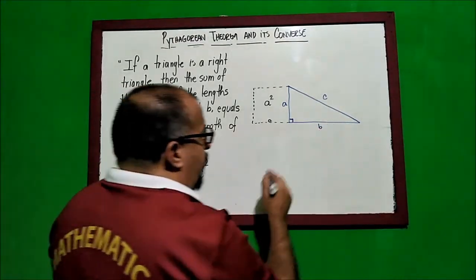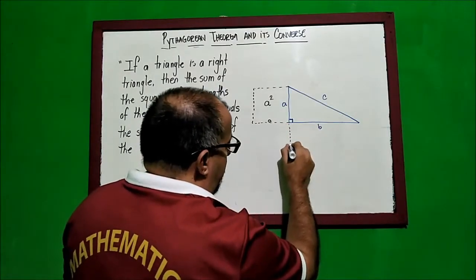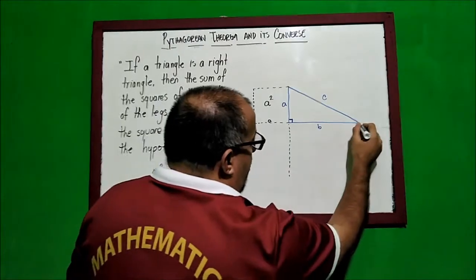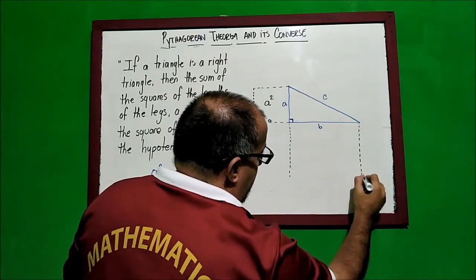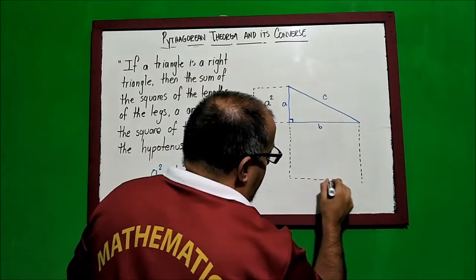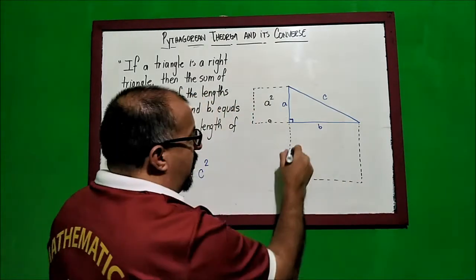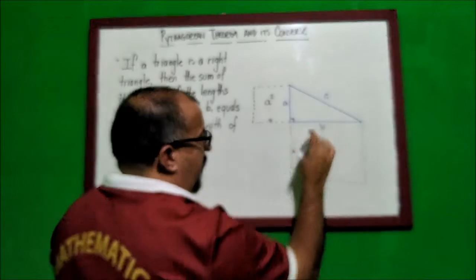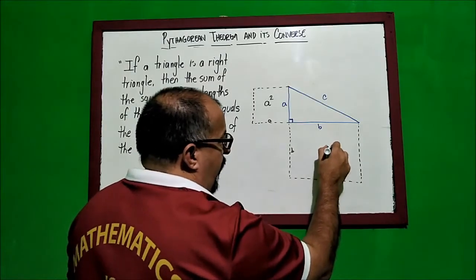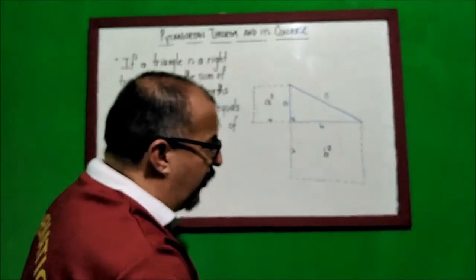Then I do the same with B, okay? I make a prolongation of side B, and then I find out that I have another square. This is B, and B times B becomes B squared, the area of this one, okay?